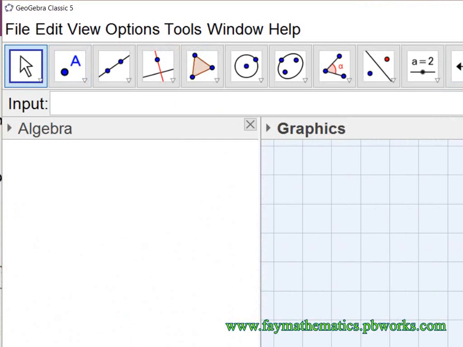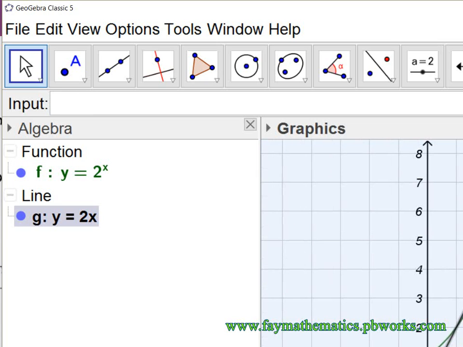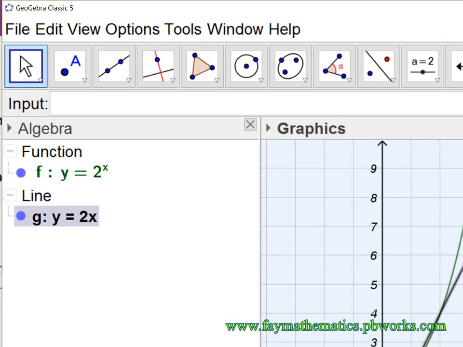Just kind of giving you maybe something like this: y equals 2 to the x and y equals 2x. Those are the two lines that we're comparing in that last image. And you can see that if I choose an x value of 3, the exponential, where my cursor is, has a y value of 8, and at 3, the line has a y value of 6.